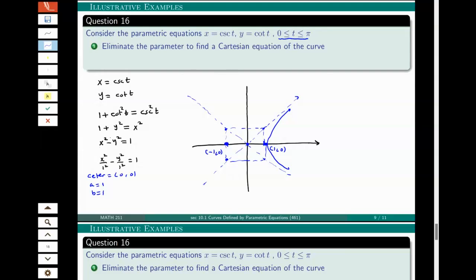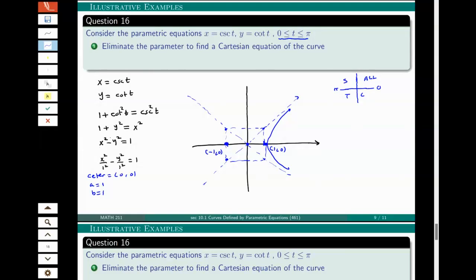The domain here is only from 0 to pi. Okay, let me tell you why I have removed this one. In Math 2, ASTC says the following. Between 0 and pi, this is the angle 0, that's the angle pi. Here all of them are positive, and here only sine is positive. When we say sine positive, it means cosecant is also positive.